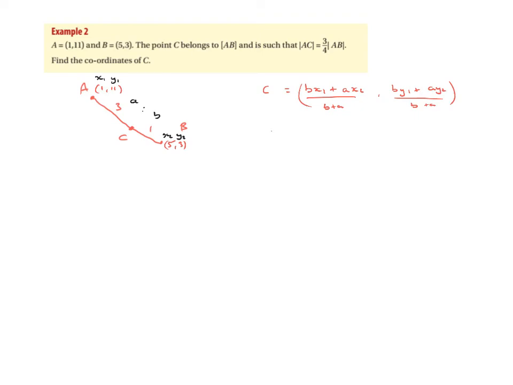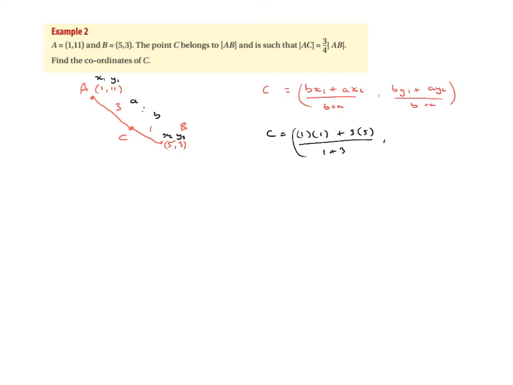So if we do that, we're going to get C is equal to B, which is 1, by x1, which is 1, plus A, which is 3, by x2, which is 5. Okay, that's all over B plus A, which is 1 plus 3. That's the first coordinate.